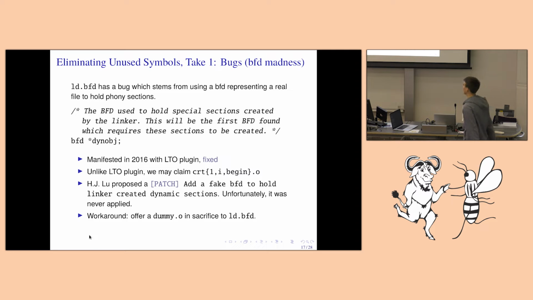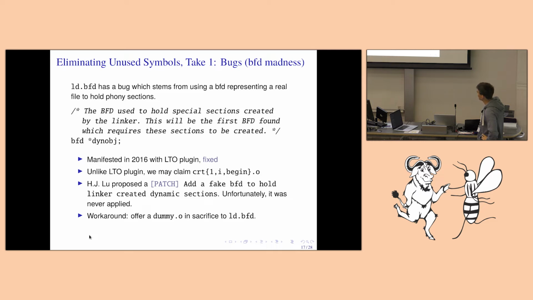So each input file gets a binary file descriptor associated with it. But not only this, the linker also creates its own sections during its work. And what it does, it puts the created sections inside BFDs representing normal input files. So it's not a very good thing to do.